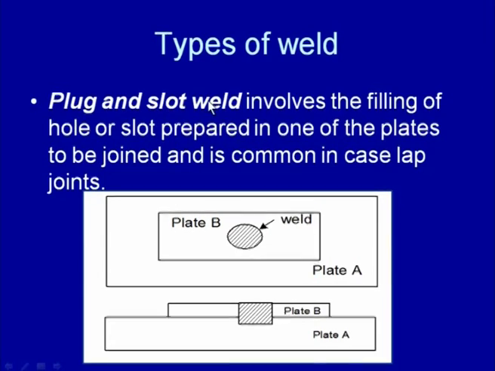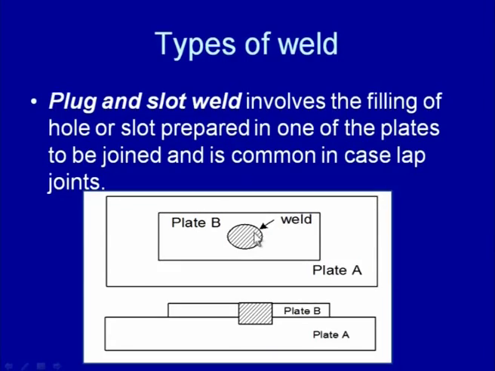Then plug and slot welds, the two types of welds are largely similar. Here this kind of weld is made in the overlapping position of the two plates, and first one slot is made in the top plate, and the shape of this slot can be circular or square.